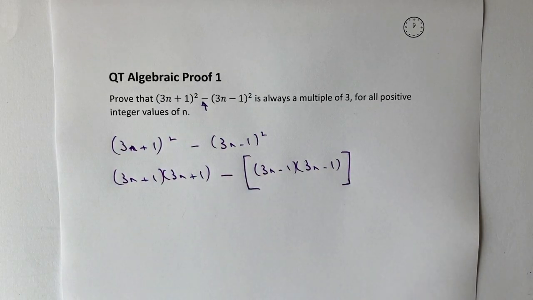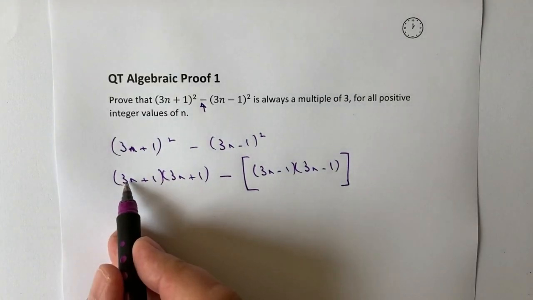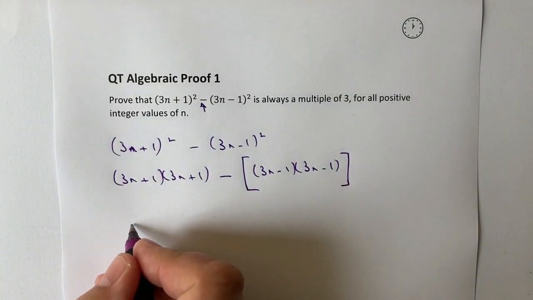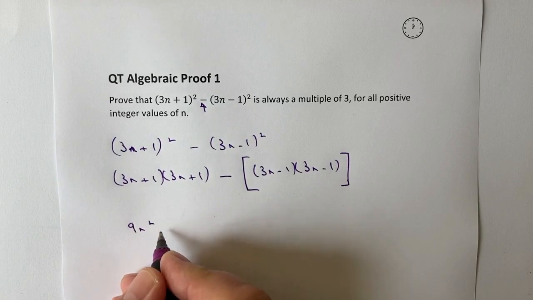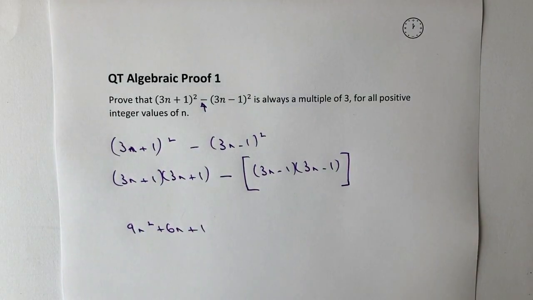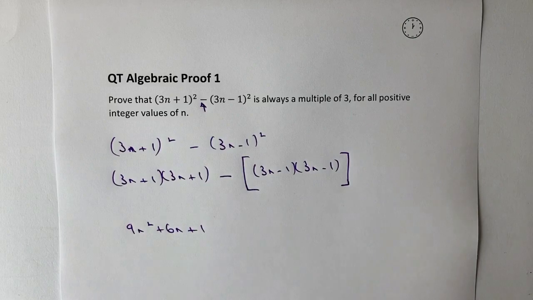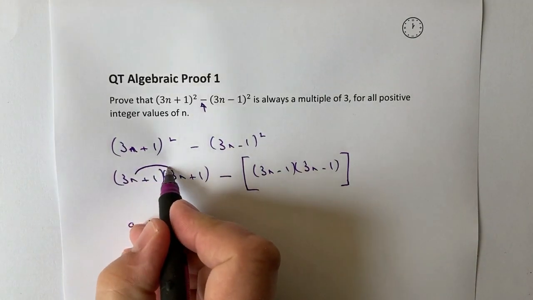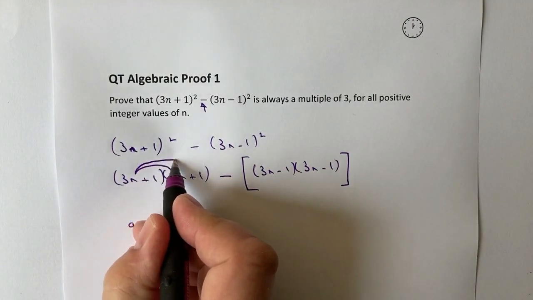Okay, so let's now work out the expansion itself. 3n times 3n is going to be 9n squared plus 6n plus 1. Now, I am very aware that there are a couple of different ways in which you might have done it. Personally, I tend to use this kind of pincer type of thing.